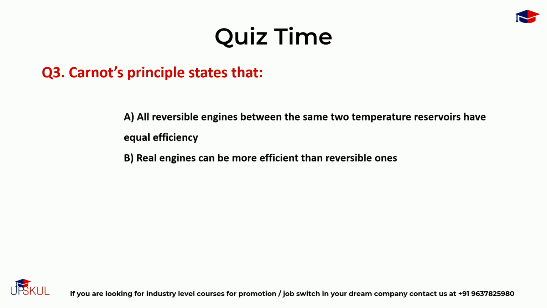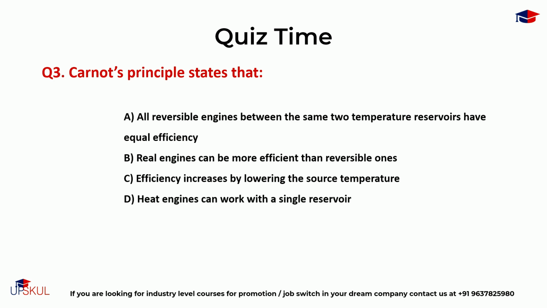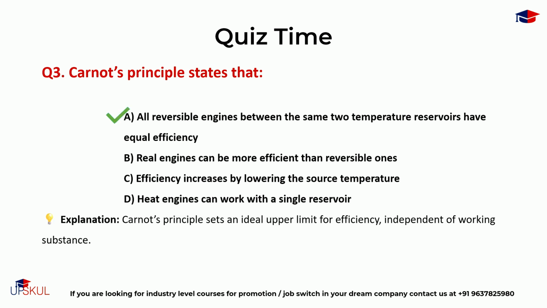B. Real engines can be more efficient than reversible ones. C. Efficiency increases by lowering the source temperature. D. Heat engines can work with a single reservoir. Correct answer is A, because Carnot's principle sets an ideal upper limit for efficiency and is independent of the working substance.